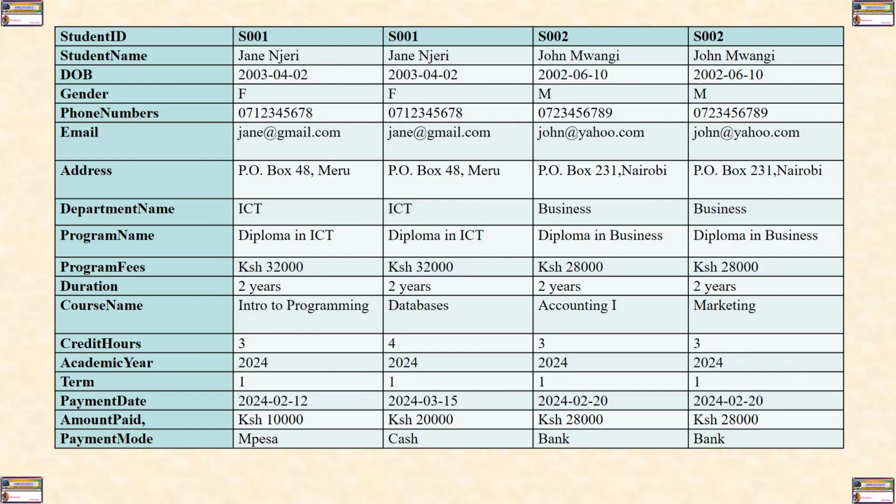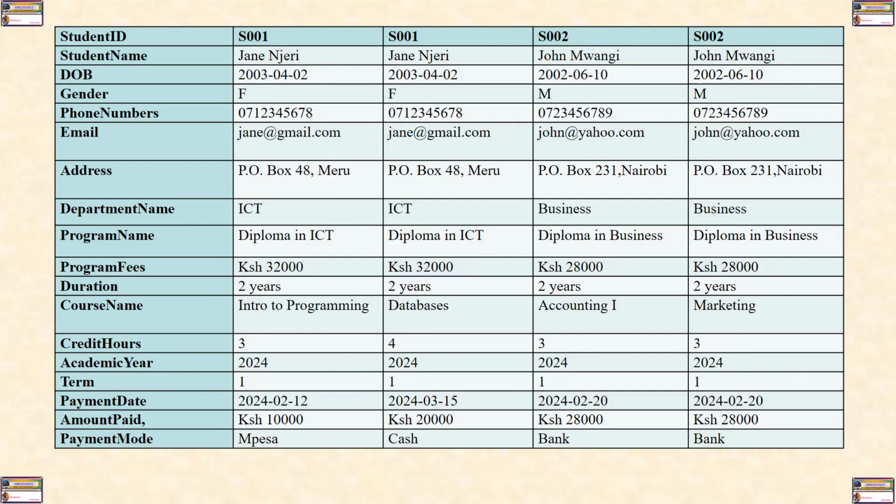When you look at the program, for example, diploma in ICT, the amount of fees you pay for that program and the duration, those can be put separate. The course is here. The course name, the credit hours, the academic year, and the term, they can be put separate. Look at the payments. The payment date, amount paid, and the payment mode. We can have that information put separately on the payments.